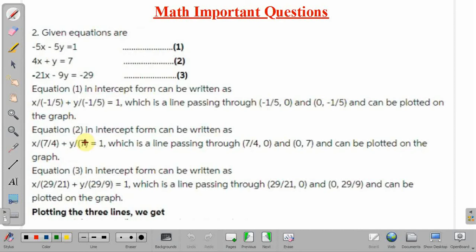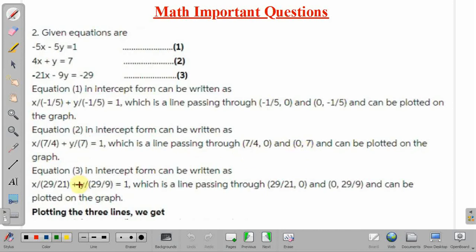Similarly, equation 2 when written in intercept form will be x by 7 by 4 plus y by 7 equal to 1, which is a line passing through 7 by 4, 0 and 0, 7.